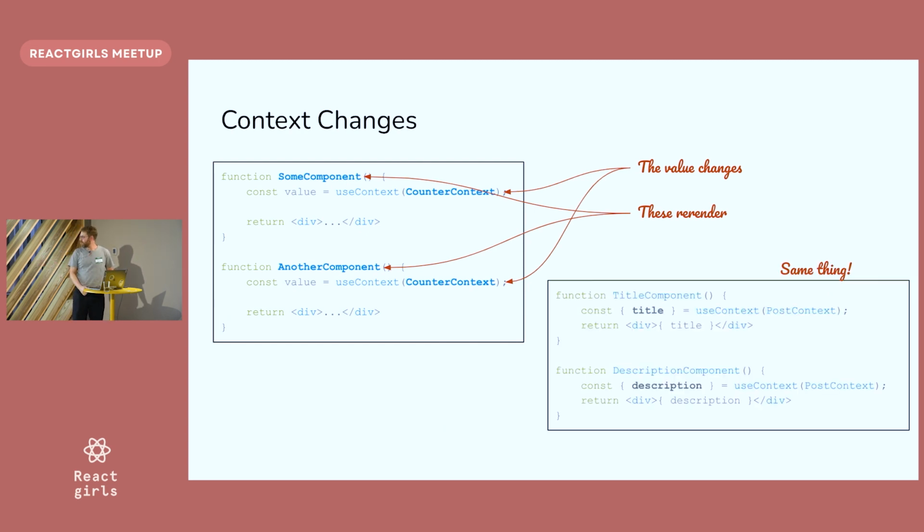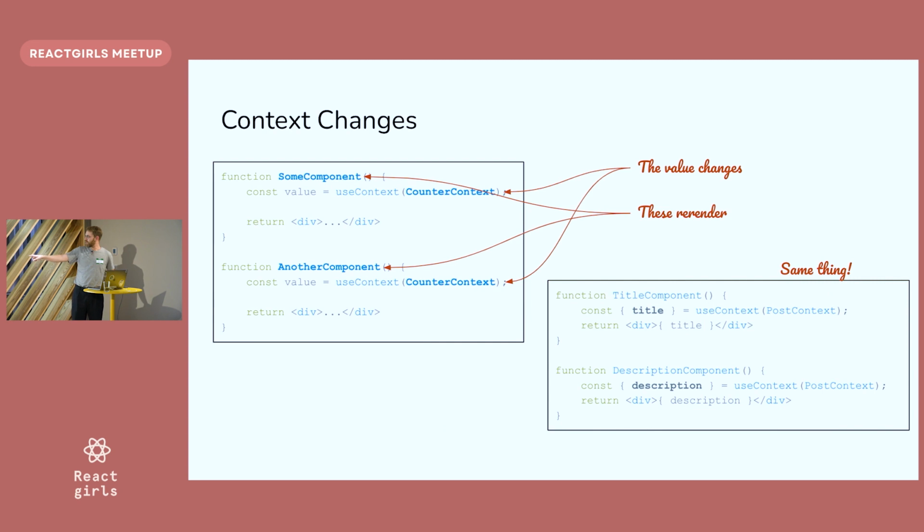Here, a very similar example, slightly different. We have 2 different components, the title and the description component. They're fetching their data from this post context. But even though they're getting different properties from inside the post context value, they will still both re-render if only one of these properties changes.